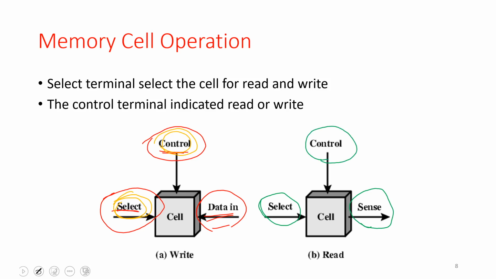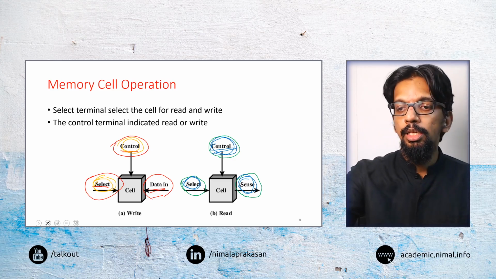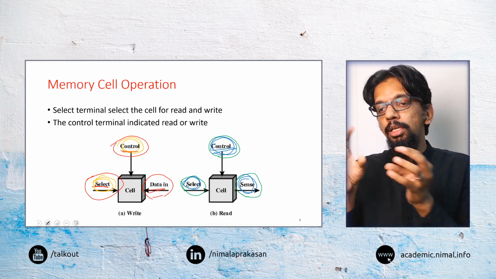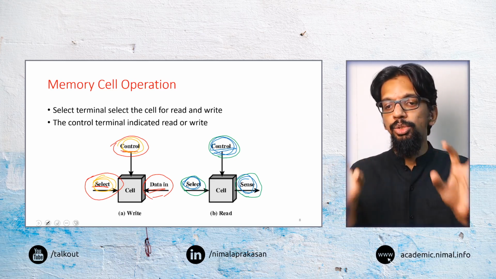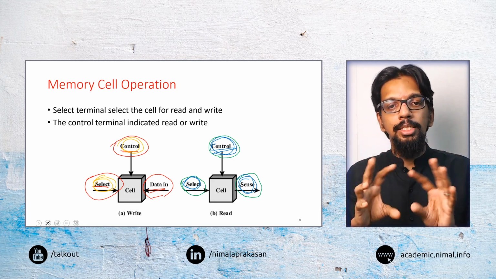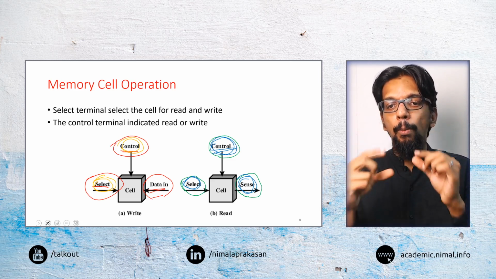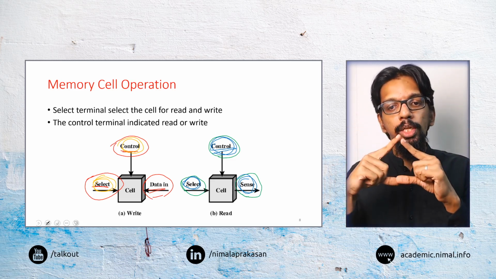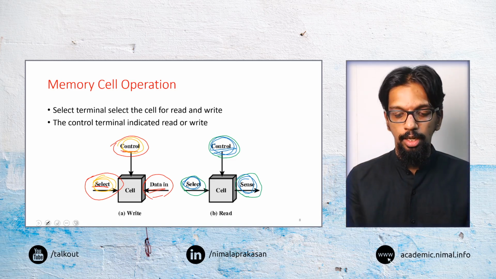So we select the memory location, keep open waiting to get some data from the sense, and then we say it's a read. So we end up with a place where we can read or write data using these three communication lines. This is the basic, fundamental memory operation at the very fundamental unit of reading or writing data.